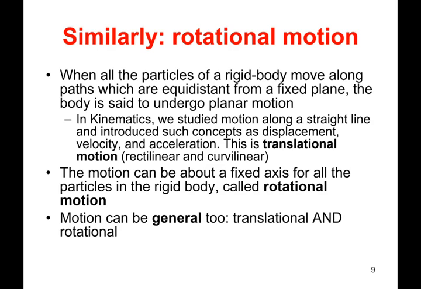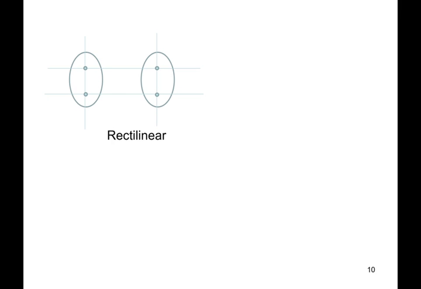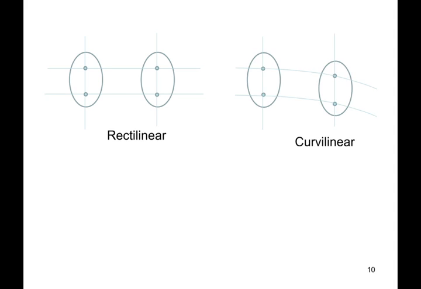Motion can be general too, essentially a combination of translational and rotational. We are not going to talk about the vibrational motion in this lecture, but that's a discussion for another lecture. Okay, so different types of motion. We are going to have the rectilinear motion, the curvilinear motion, and the rotation about a fixed axis.